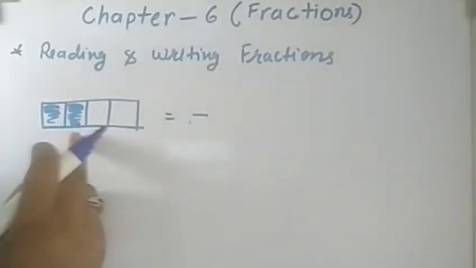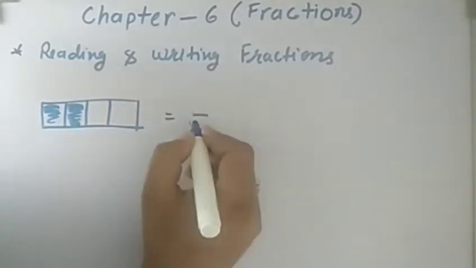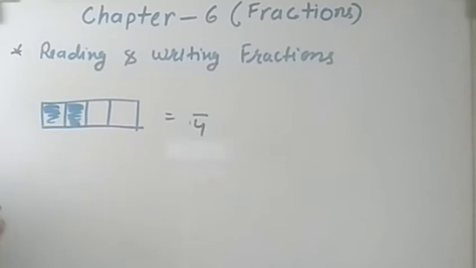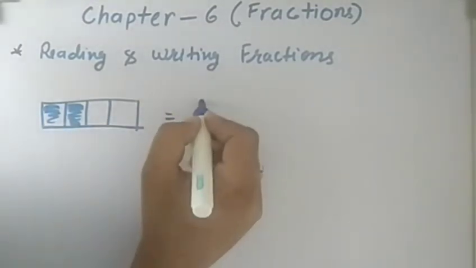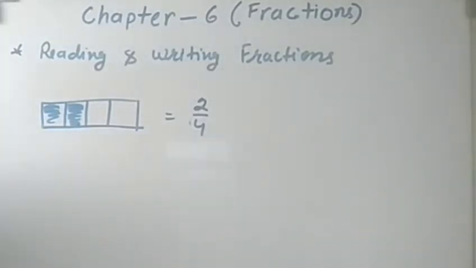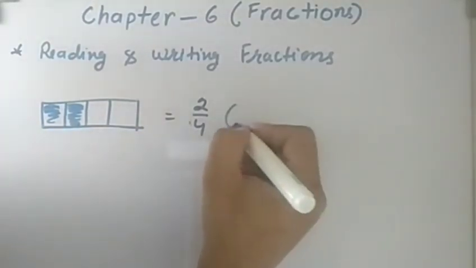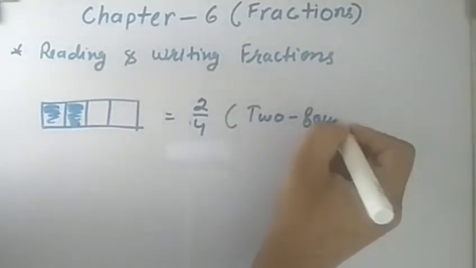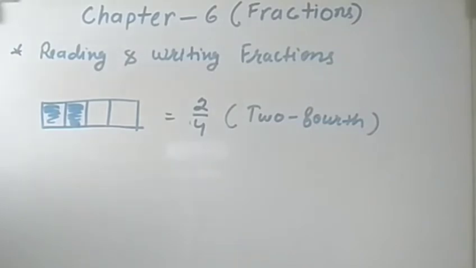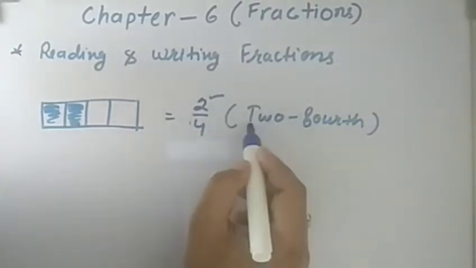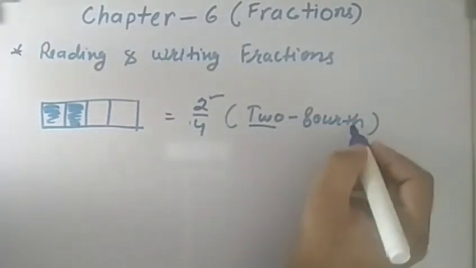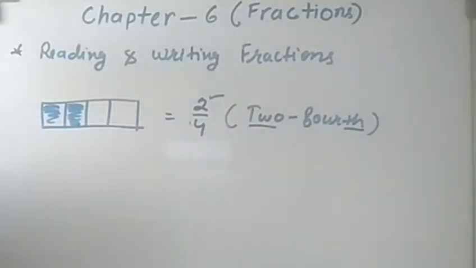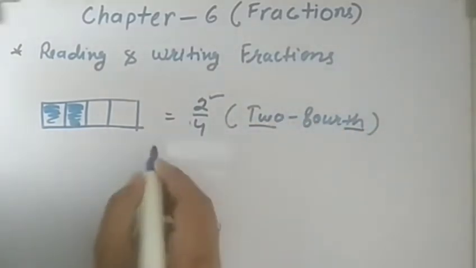Simply count the total number of parts and write it below the line, and count the shaded parts, 1, 2. So this is the fraction, and how can we read it? We read it 2/4. We write the upper number as it is and write th with the total number of parts.